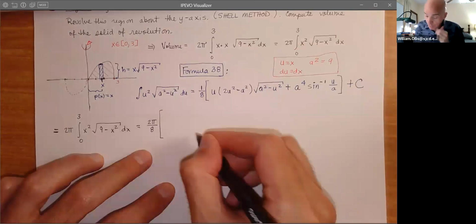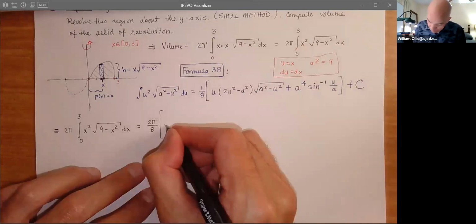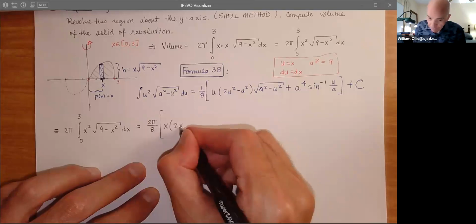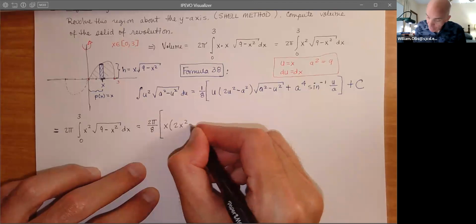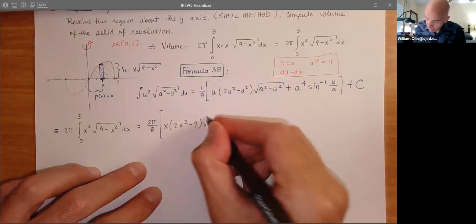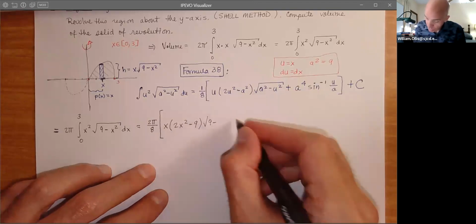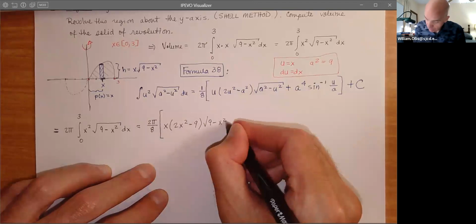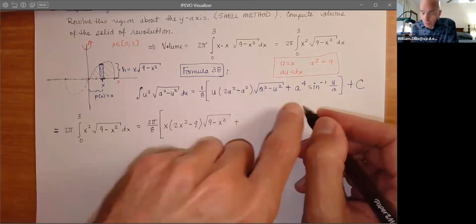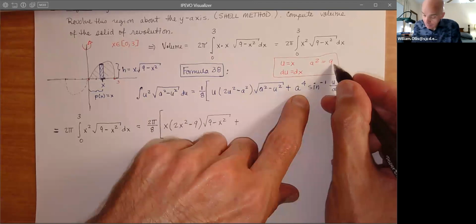Now we fill everything in. We have u as x, and then 2u squared will be 2x squared, minus a squared, which is 9, times the square root of a squared, 9, minus u squared, which is x squared, plus a to the 4th, which is a squared times a squared, 9 times 9.